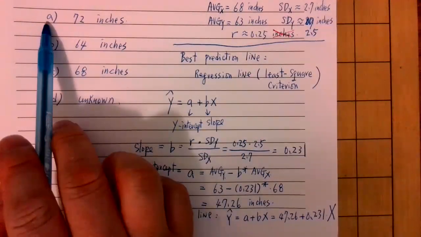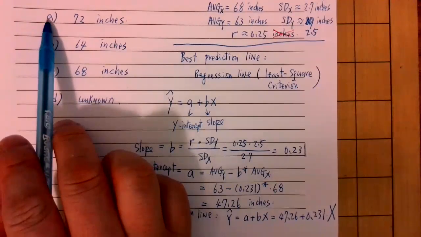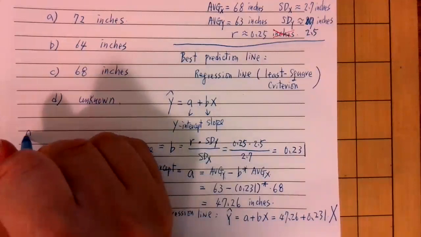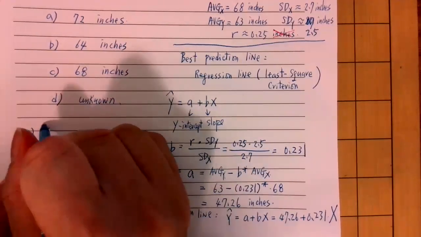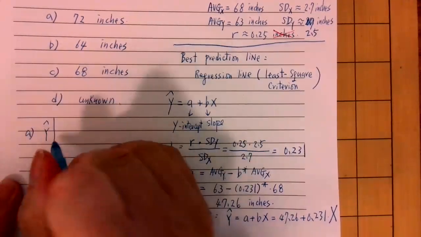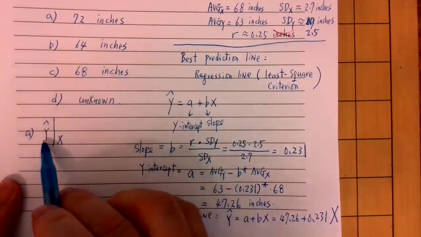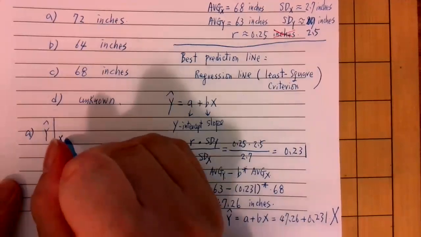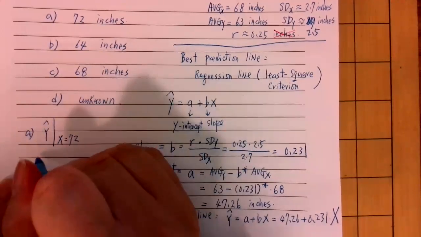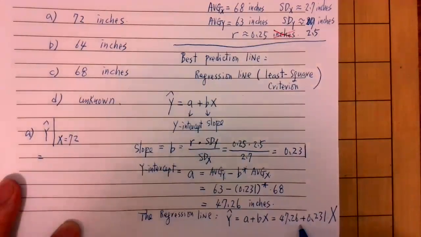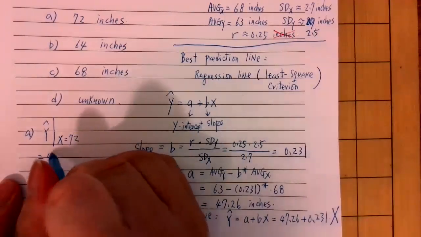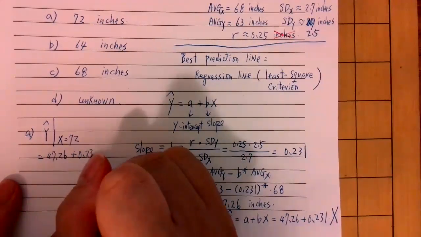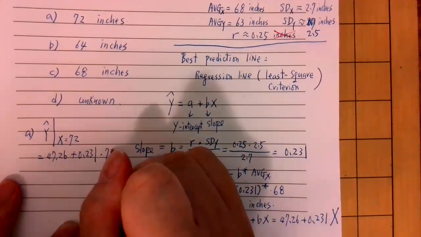First, when the husband's height is 72 inches tall, you want to predict the wife's height. All you need to do is plug in the numbers: 47.26 plus 0.231 times 72.